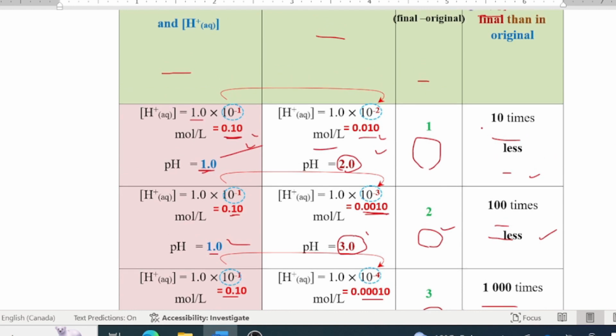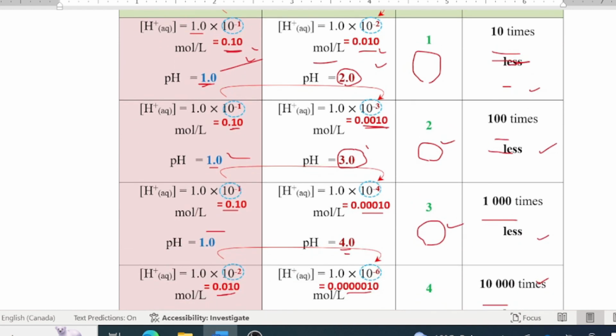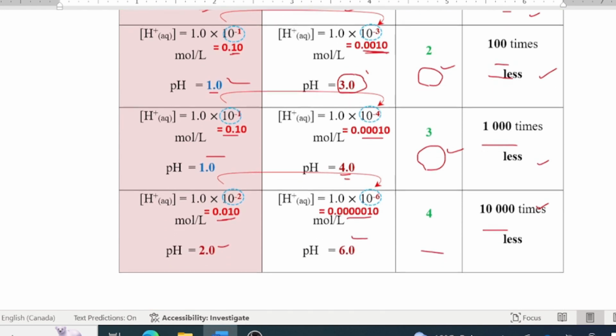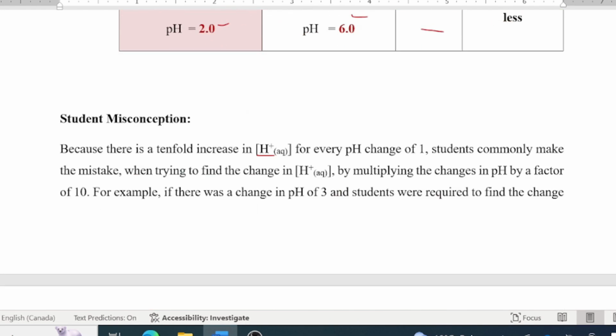When something becomes 10 times less concentrated, there's a change of pH of 1, 100 times less, a change of pH of 2, 1,000 times, a change in pH of 3, 10,000 times, a change in pH of 4.